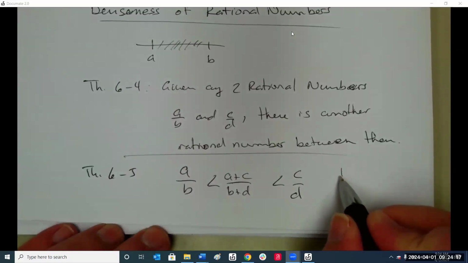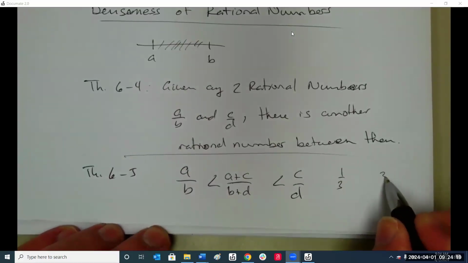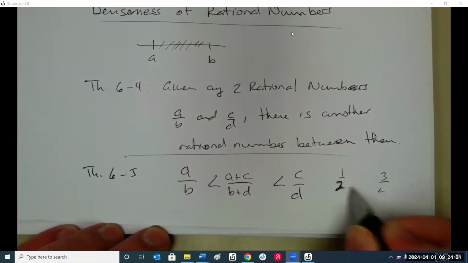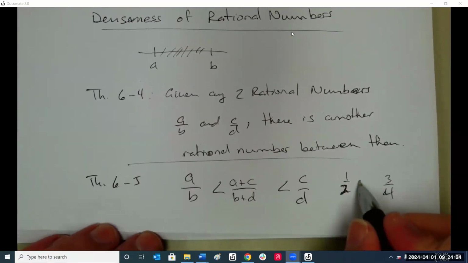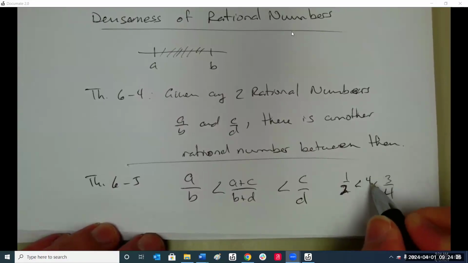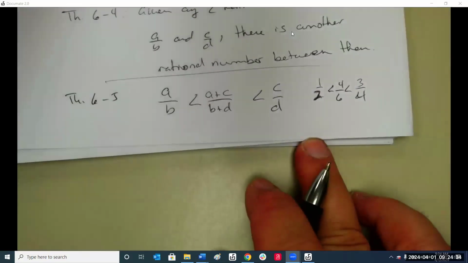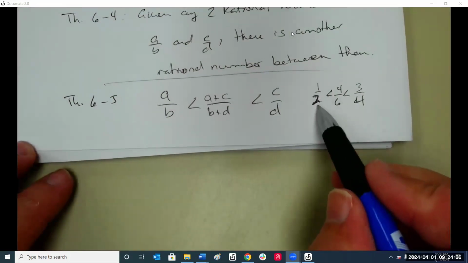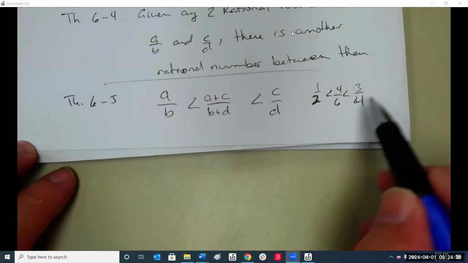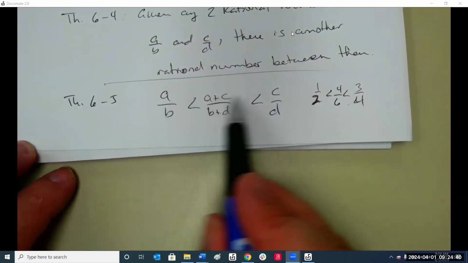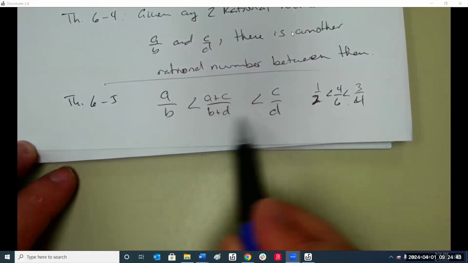So between 1/2 and 3/4, 4/6 is between there. Take the top numbers and add them. Take the bottom numbers and add them.